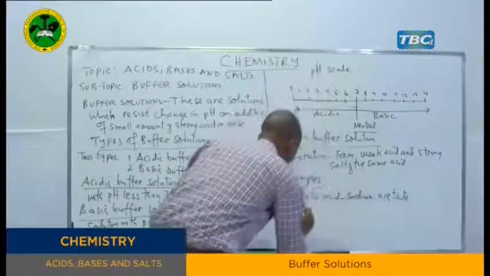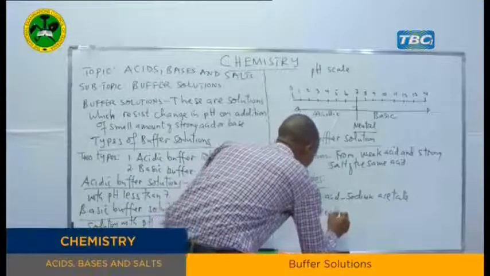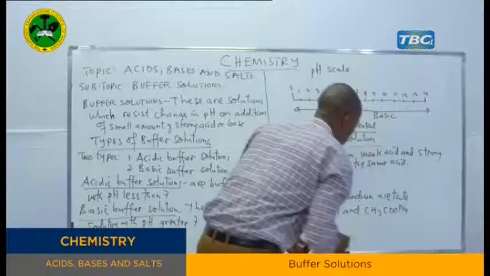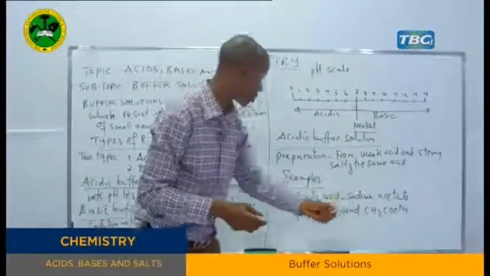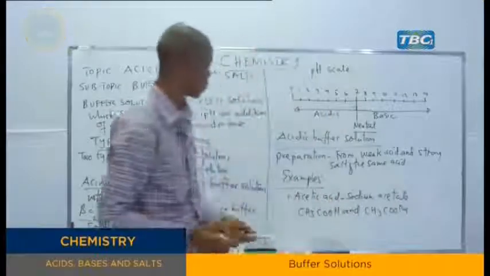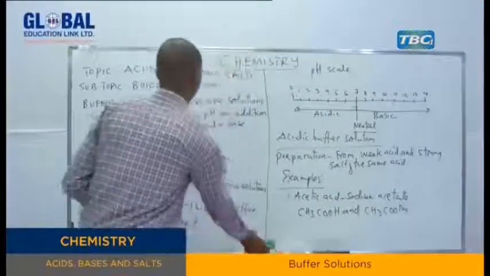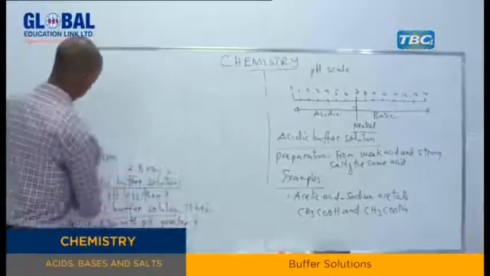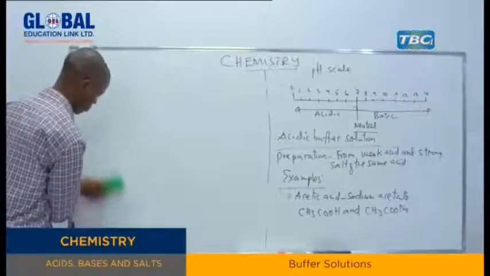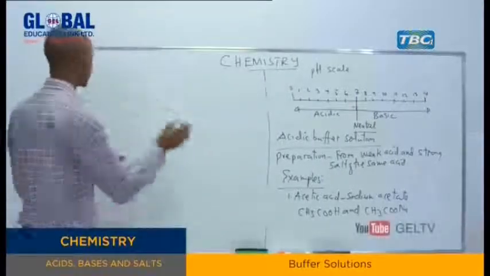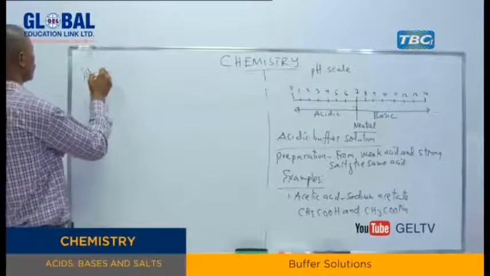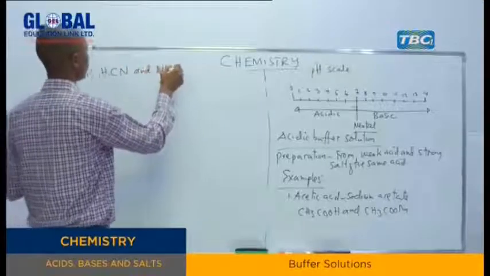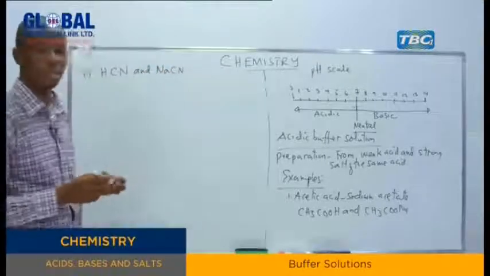So by writing the chemical formula of these two compounds, you can have this one. This is one of the examples of acidic buffer solution. And also the second example, hydrogen cyanide and sodium cyanide.